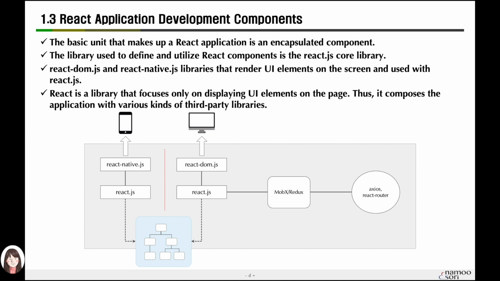So when configuring UI with React, you have to use various third-party libraries. Among them, we select to use MobX, Axios, and React router. We will also use a Material UI library and libraries related to Material UI. This related content will be explained again as we proceed with the project and the example code.